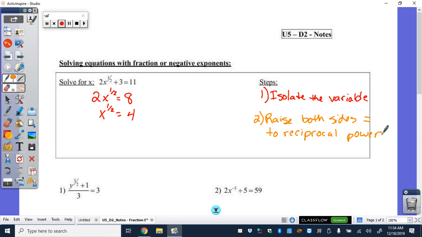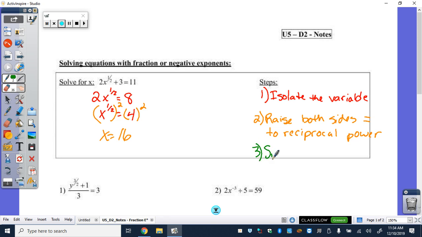So my exponent in my example is 1/2, so its reciprocal would be 2/1, which is just 2. We use the reciprocal power because when I do 1/2 times 2, I get an exponent of 1. So I have x to the first, which is what I want. So then 4 squared would give me a 16.